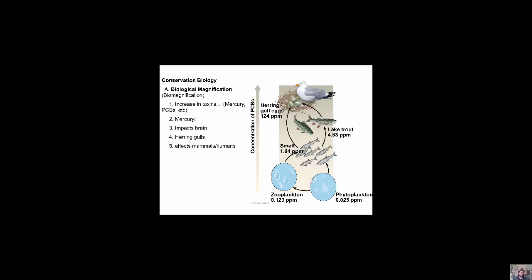So same goes with mercury. We find mercury in relatively high concentrations in fish and then even in birds. Mercury is particularly dangerous because it impacts the brains of vertebrates. So vertebrates with our beautiful complex brains, mercury negatively impacts brain development.